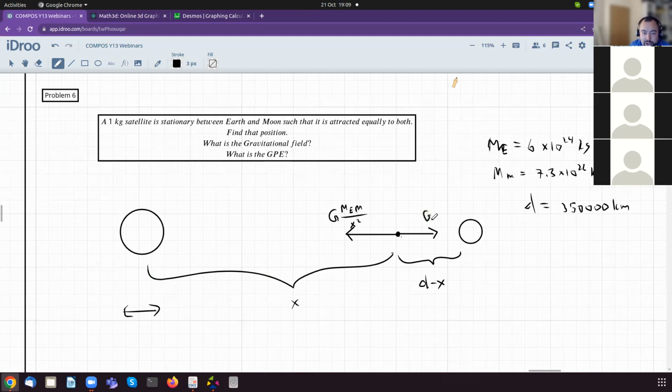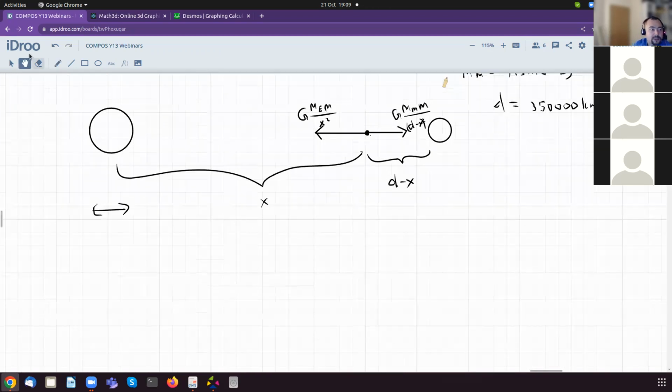And this is G, mass of the Moon, mass of the satellite, divided by d minus x squared. And because it is attracted equally to both, we can say that G, mass of Earth, mass of the satellite, over x squared equals G, mass of the Moon, mass of the satellite, divided by d minus x squared.